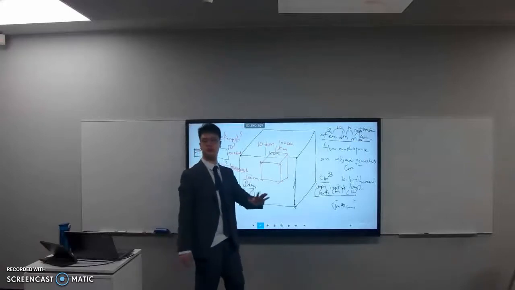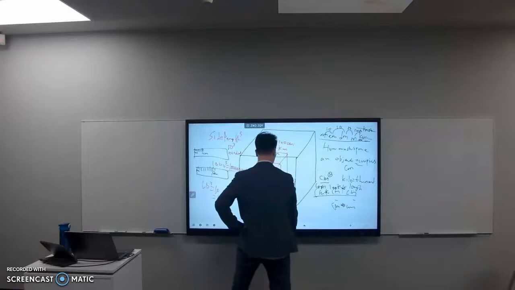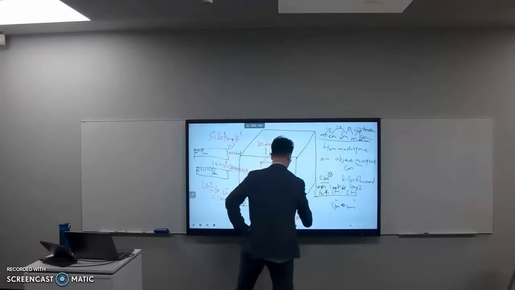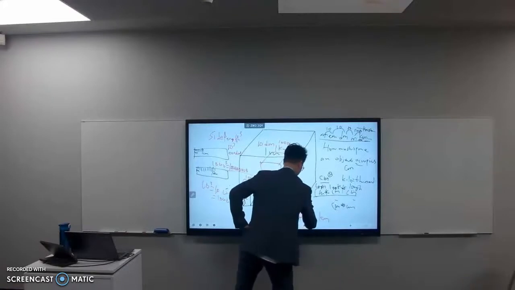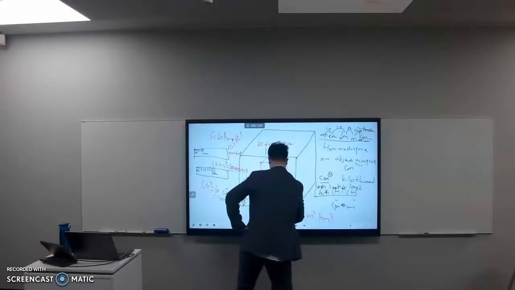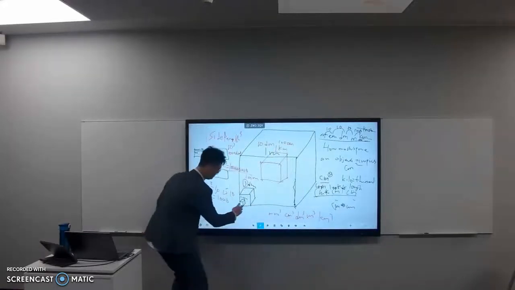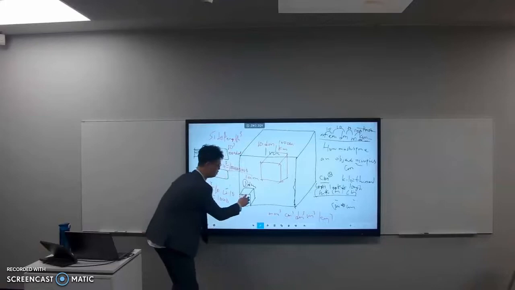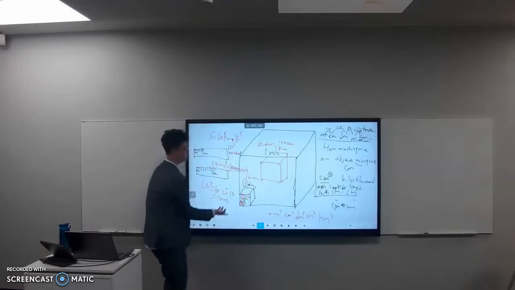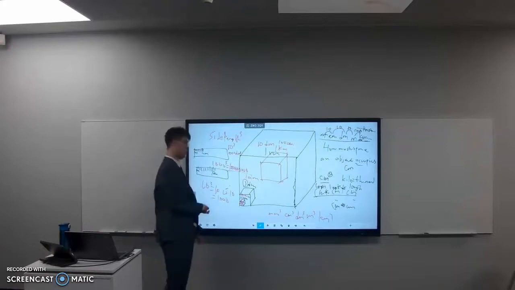So let's make a new listing. Cubic millimeter. This is 1 millimeter, and 1 centimeter becomes 10 millimeters. So how many cubic millimeters are there in 1 cubic centimeter?